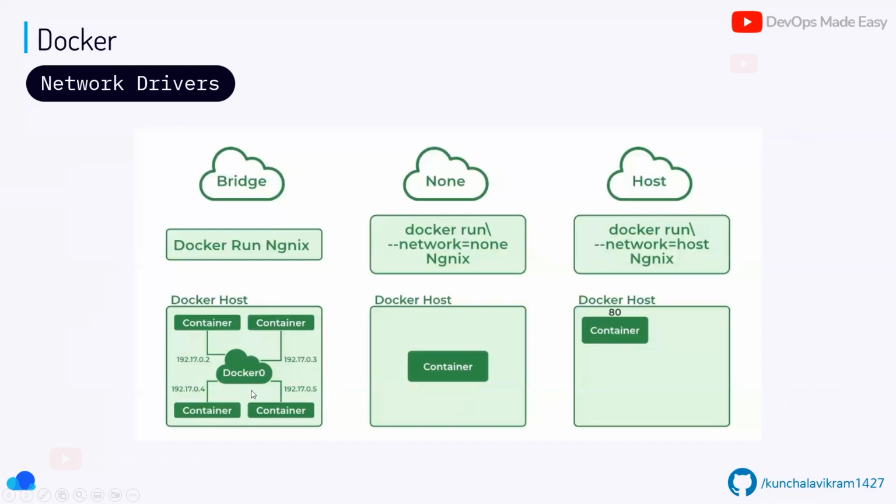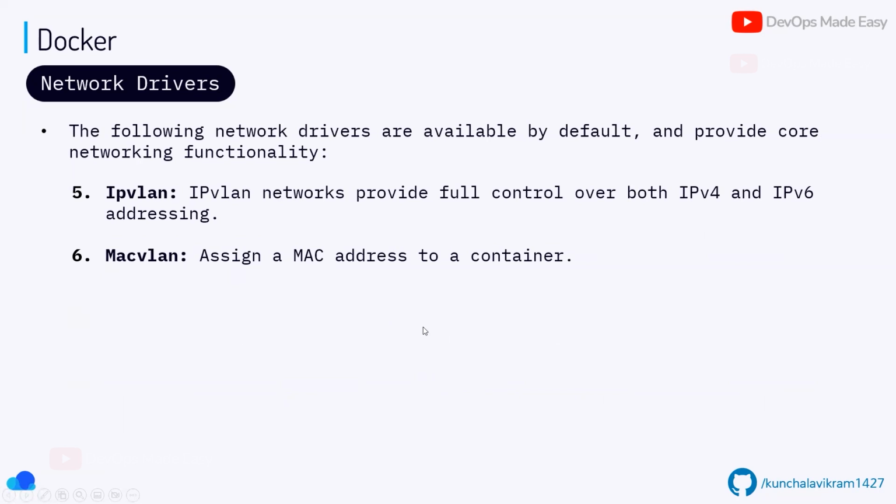As we already said, we have three network drivers by default: bridge, none, and host. We need to understand the difference. There are other types of drivers as well, but we don't use them. One is IPvlan, which enables IPv6 networking and addressing. Then we have MACvlan, which makes it possible to assign a MAC address to a container and establish communication using MAC addresses.